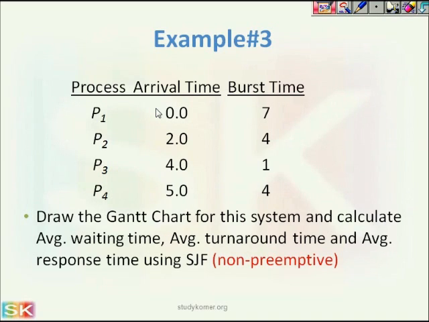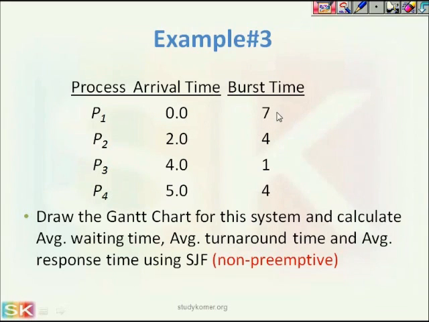At present we cannot say that after the 4th second process P3 will come which will have a burst time of 1, right? So at this particular moment, at time 0, there is only one process P1 in the system. So obviously this P1 process will be executed first.